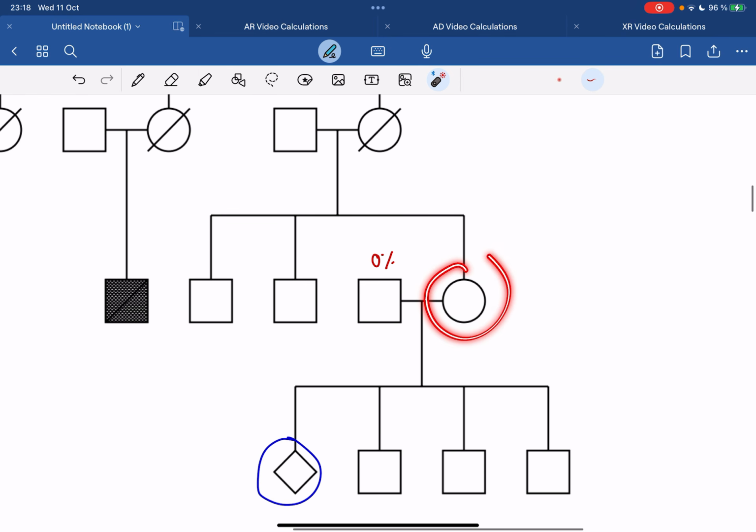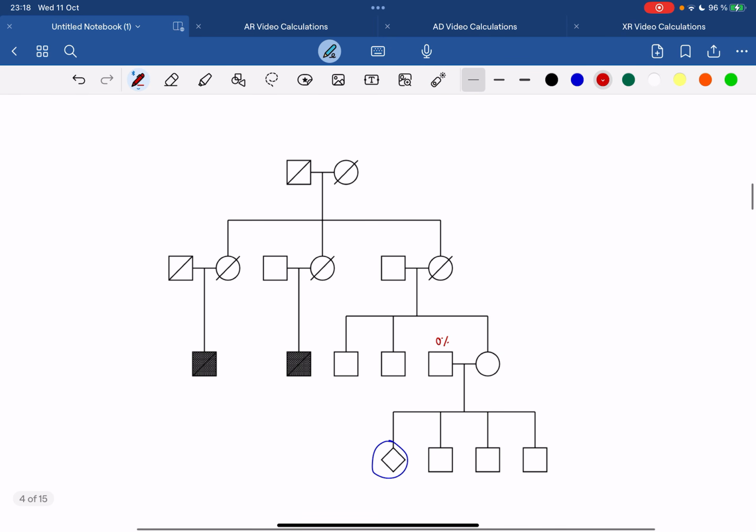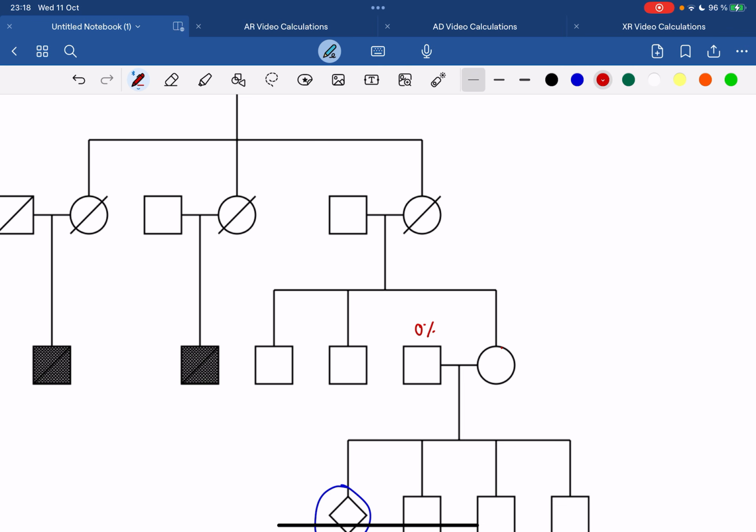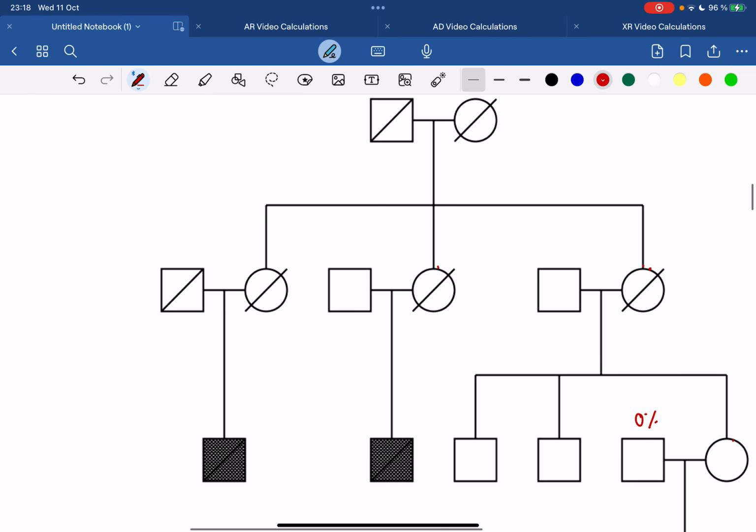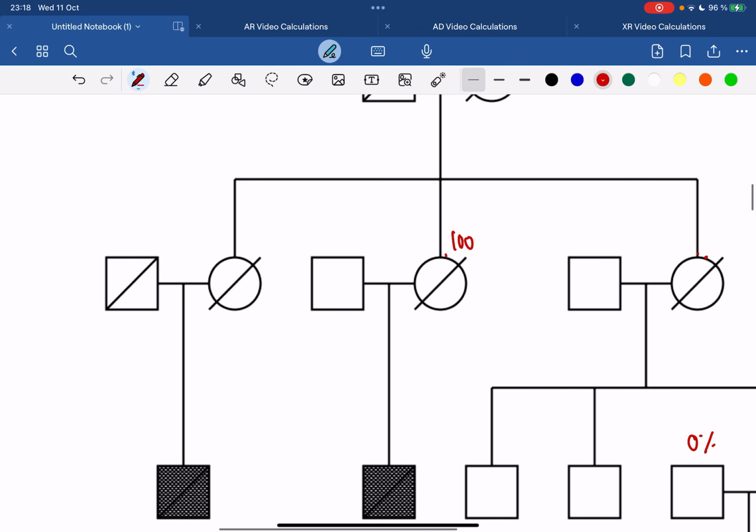So we're going according to the mother now instead. So this mother we can't really know anything about. We jump up to this mother, we can't really know anything about. But her sisters, so this person and this person, do have affected sons. So therefore we know for absolute certain that these sisters are carriers. Why?